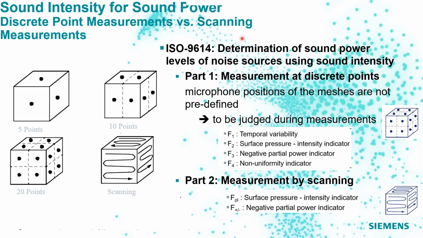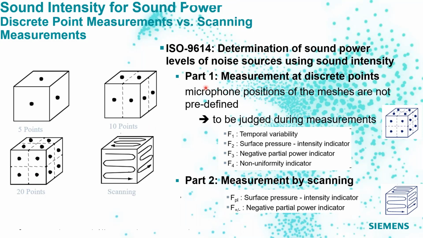There are some ISO standards for computing the sound power using the intensity. The standard is ISO 9614. The first part means that the entire surface around the test object can be discretized into smaller points as shown here, and you can measure the intensity at each of these discrete points, and from that you take the area into account to compute the sound power when you sum the whole thing up.